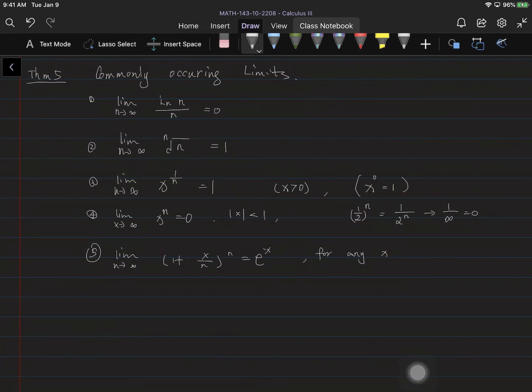Actually, when we define the number e, we learned this before, e is defined by (1 plus 1 over n) to the n. This is the definition for the number e. So it's like 1 to infinity is e. And here we just add x there, because this is e to the 1 power, right? This is more general, e to the x, and here is x over n.